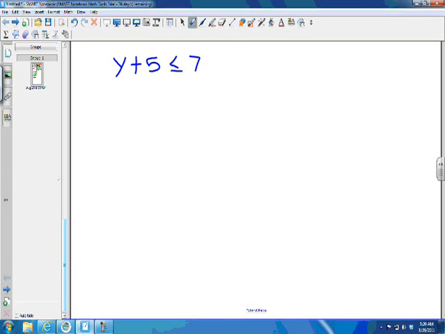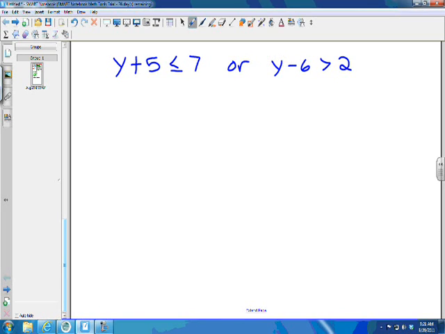Or y minus 6 is greater than 2. So now you just have 2 separate inequalities and you solve them both.